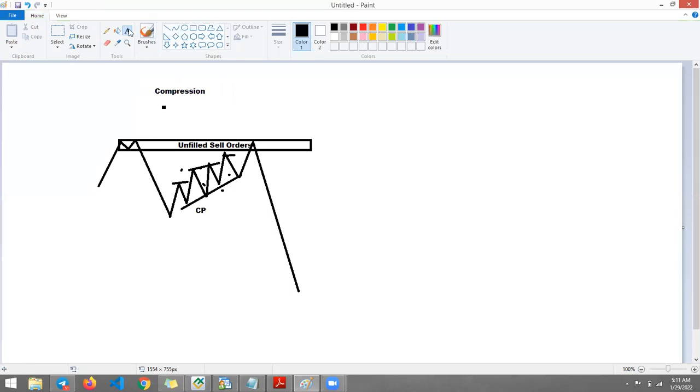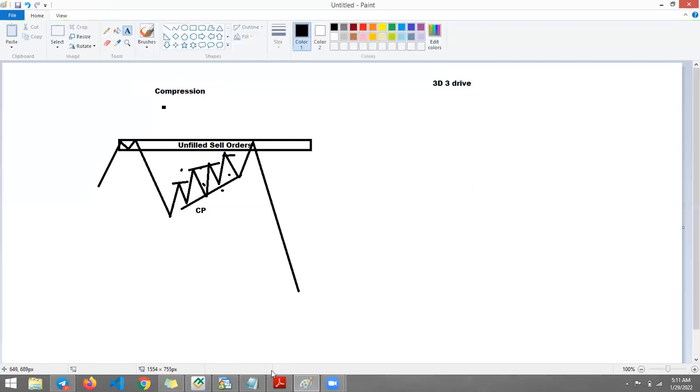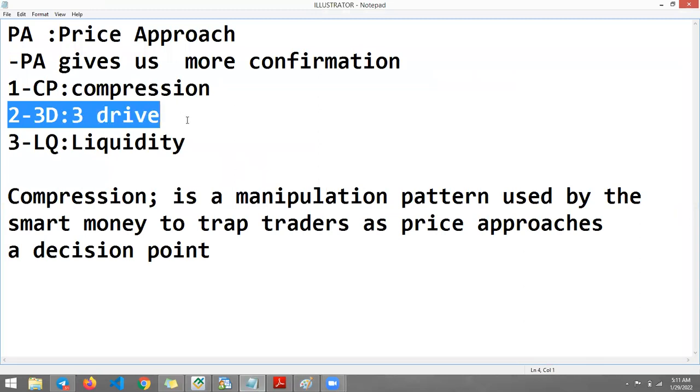Now we have what we call the 3D. So now the 3D is what we call the 3 drive. The second type of price approach that you should be looking out for.